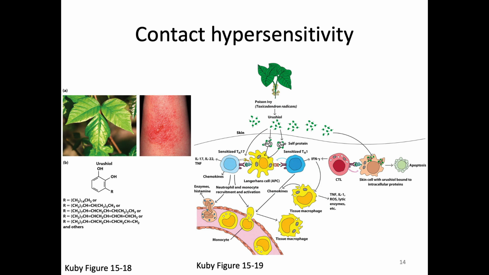So poison ivy contains this compound, erysiol, which is shown here. When you are exposed to erysiol, it actually modifies a self-protein. It reacts with a self-protein and changes that self-protein.